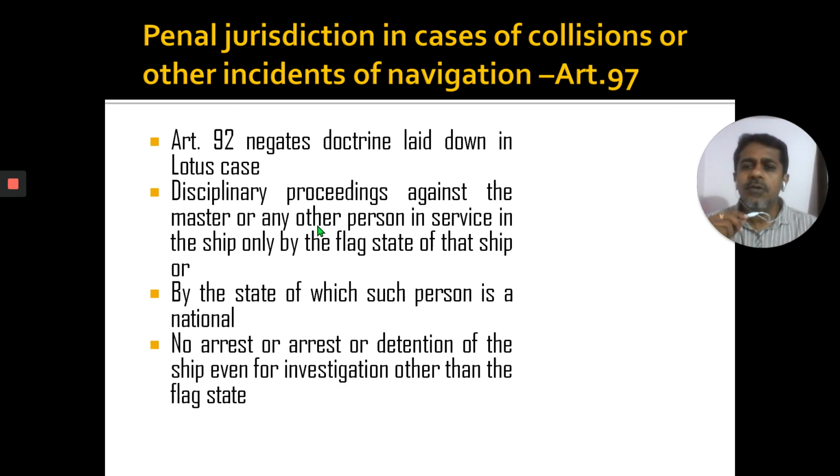Moving further, no arrest or detention of the ship, even for the purpose of investigation, can be done other than by the flag state. If that ship has to be held for investigation, all these things can be done only by the state under whose flag that ship was sailing. Other states have no jurisdiction.